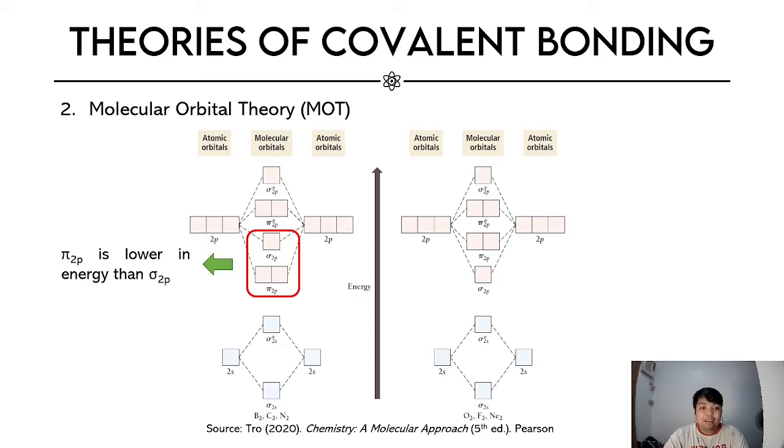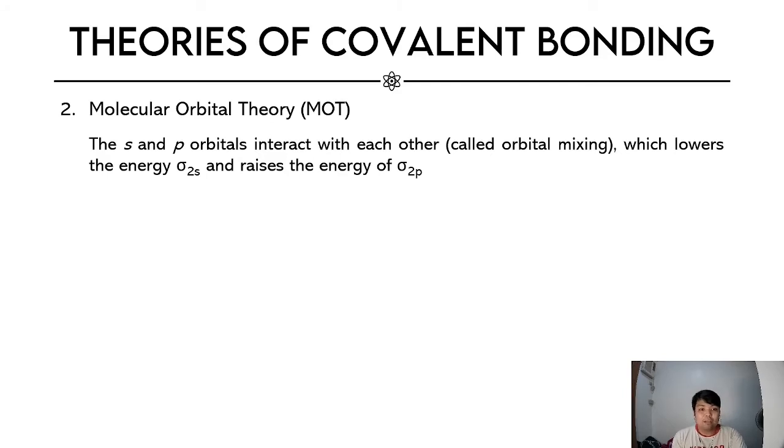The reason for that is that s and p orbitals, since they reside in the same energy level, the 2s and 2p orbitals, have an energy difference that is actually quite small, and they interact with each other in a phenomenon called orbital mixing, which lowers the energy of the 2s orbital and slightly raises the energy of the 2pz orbital.